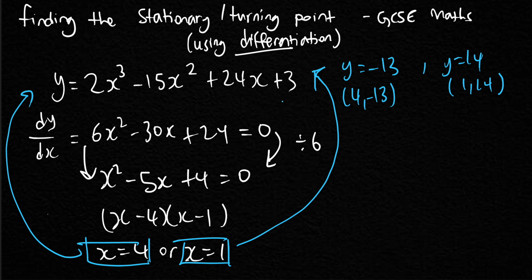How do you classify these two points? These two are the turning points, so points like these. But how do you know which one is the maximum and which one is the minimum turning point? If we draw a rough sketch of a graph, (4, -13) would be somewhere around here, and (1, 14) would be somewhere around here.